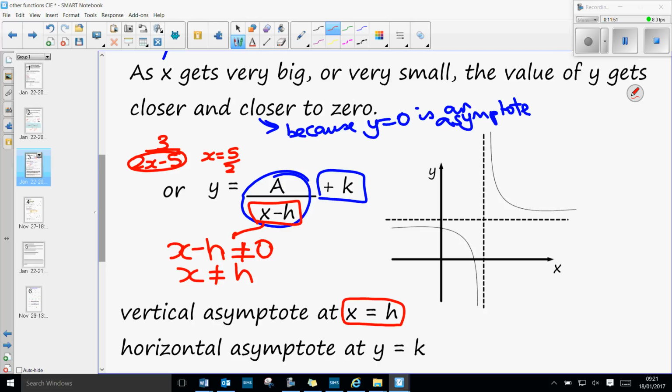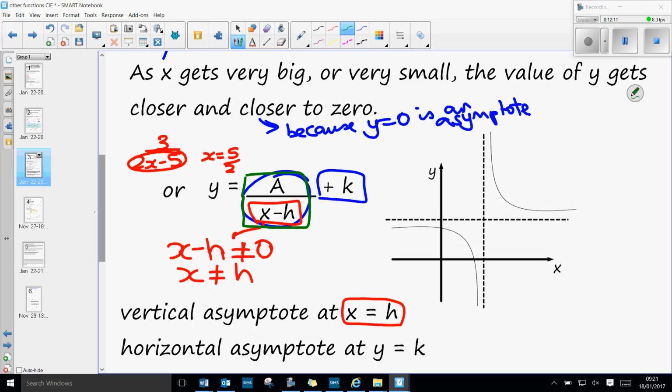Now looking at this is a combination of the transformations work that we've done. So we're fine with that one. What would the minus h have done to the function if we've got x minus h instead of just x? Moved it to the right.